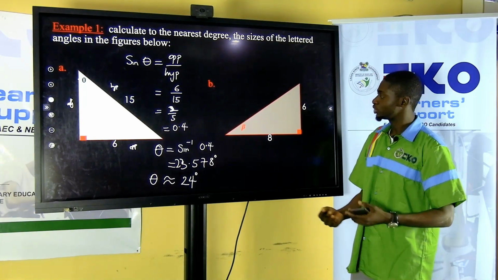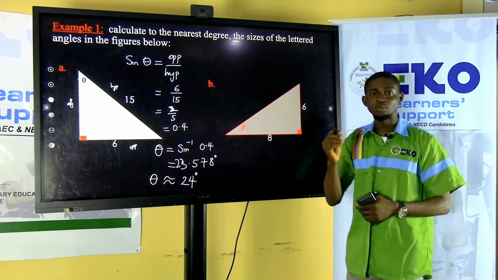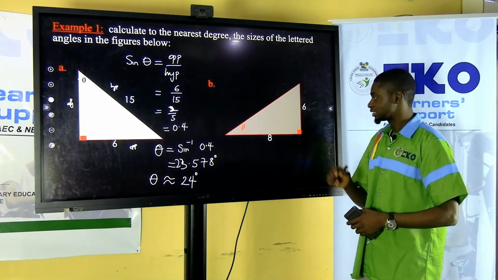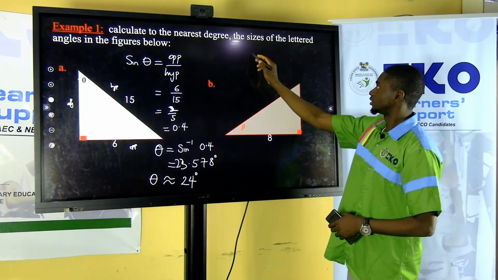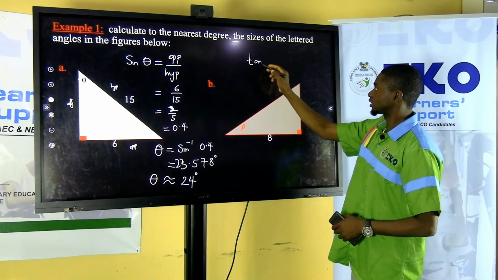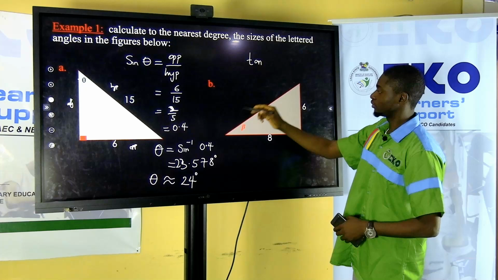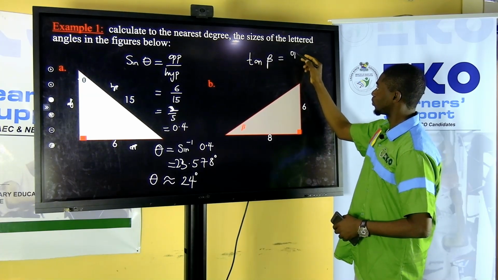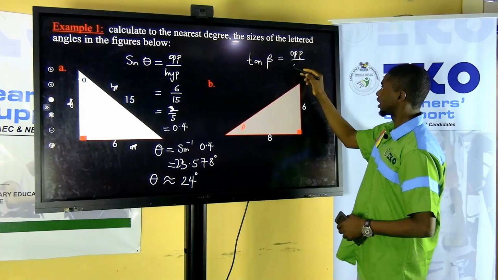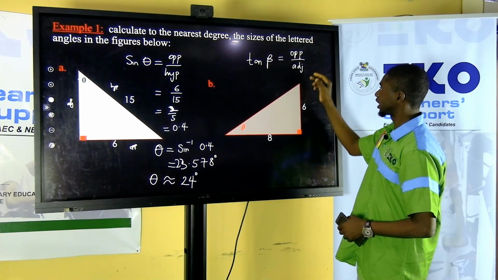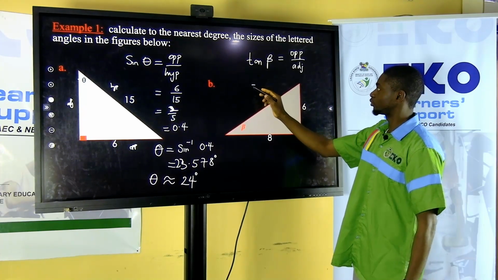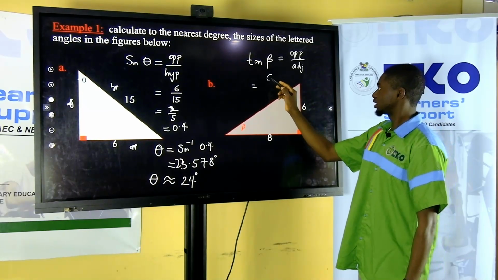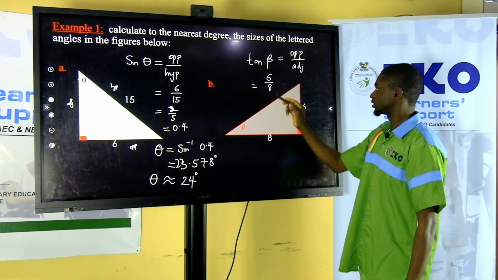Which trigonometric ratio combines opposite and adjacent? Good. Tan. That means tan beta is equal to opposite over adjacent. So tangent expresses the ratio of opposite to adjacent, which means 6 divided by 8.